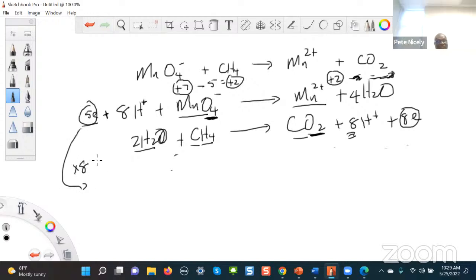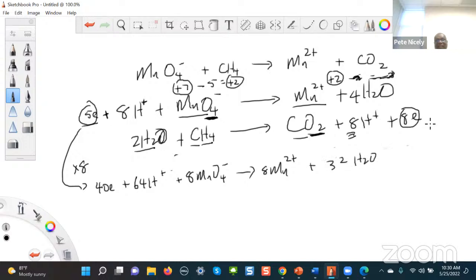Let's do that first. So 8 times 5 gives you 40 electrons. Wow, I didn't know that these big numbers would result. You see, that's what happens when you just create problems. That's 64 H plus, plus 8 MnO4 minus, to give 8 Mn2 plus, 8 times 4, that gives you 32 H2O.